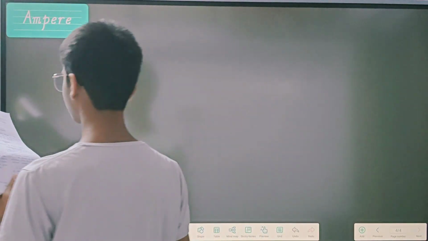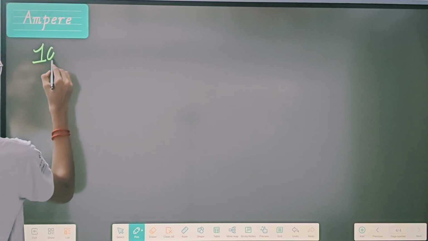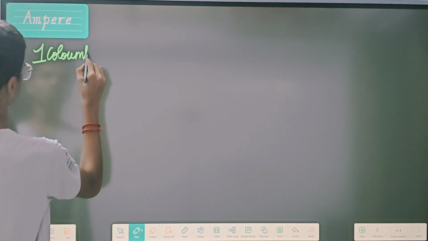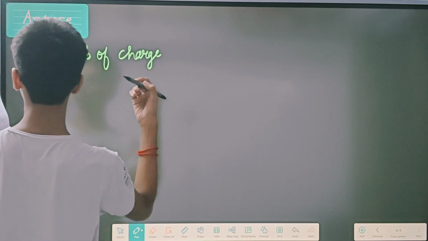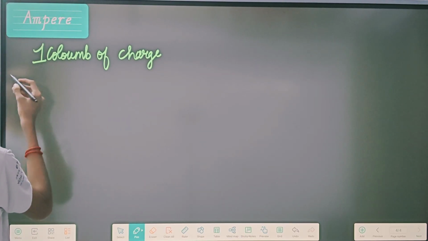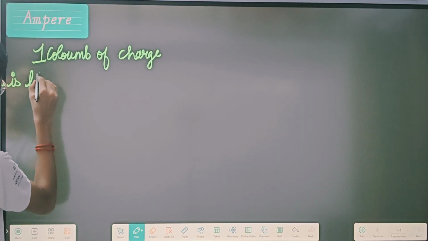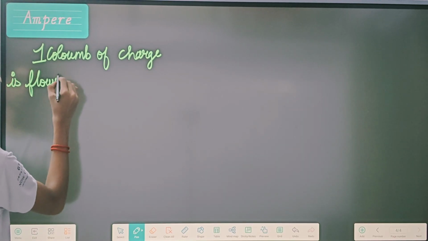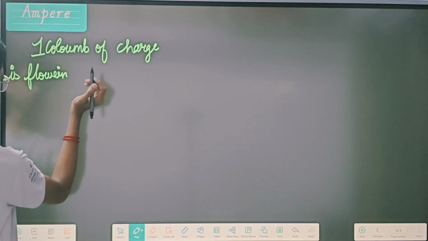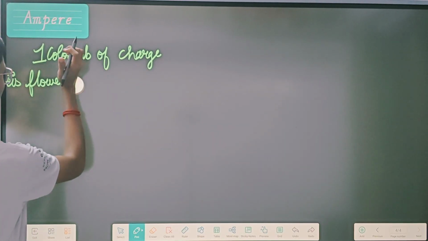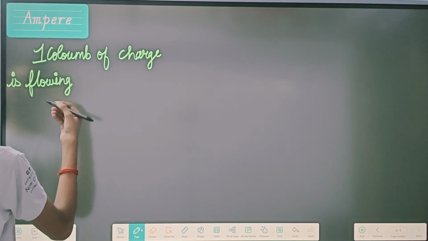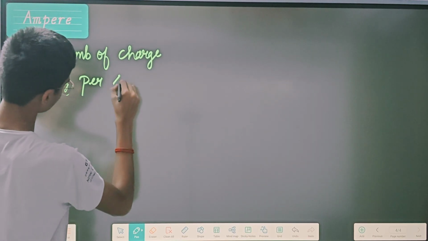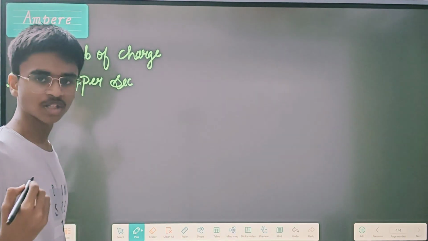It is actually ampere is none other than 1 coulomb of charge flowing per second through any cross section of a conductor.